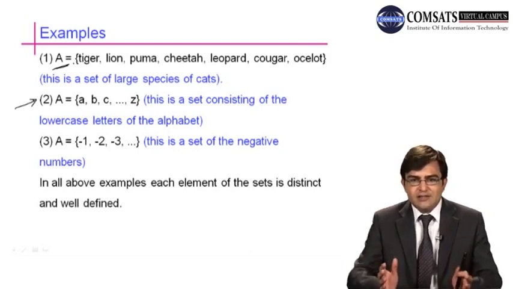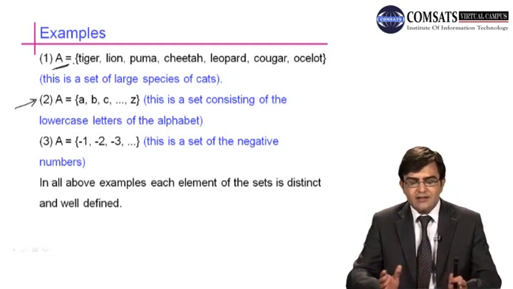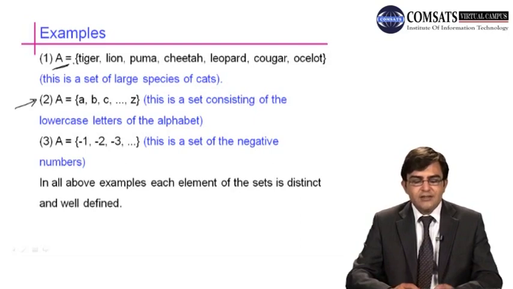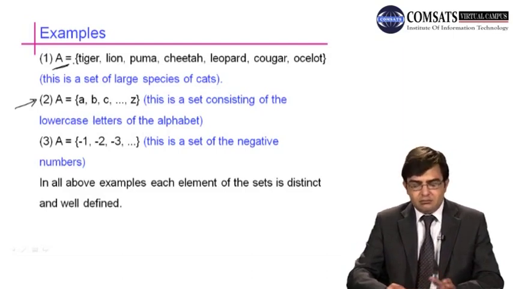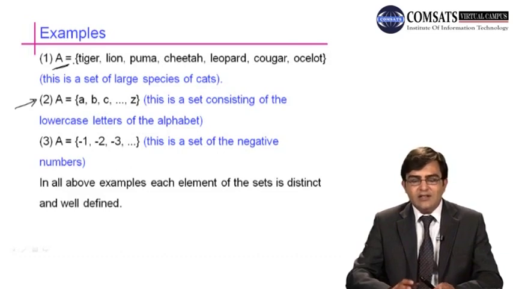This is a collection of numbers which are distinct, meaning they are different from each other and well defined. The elements of this set are negative integers. So in all three examples, the elements of the sets are separated, distinct, and well defined.